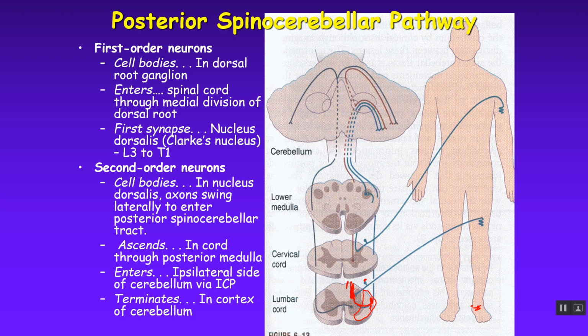Because right in front of it is the anterior spinocerebellar tract, but there's a little region here called the posterior spinocerebellar tract. And that tract is going to stay posterior and lateral. It's going to stay in the same place in the spinal cord here.